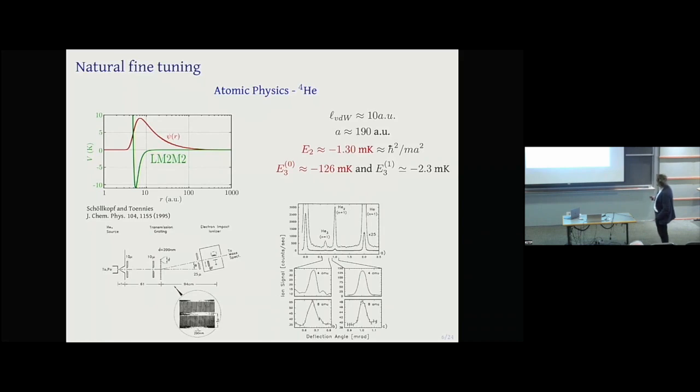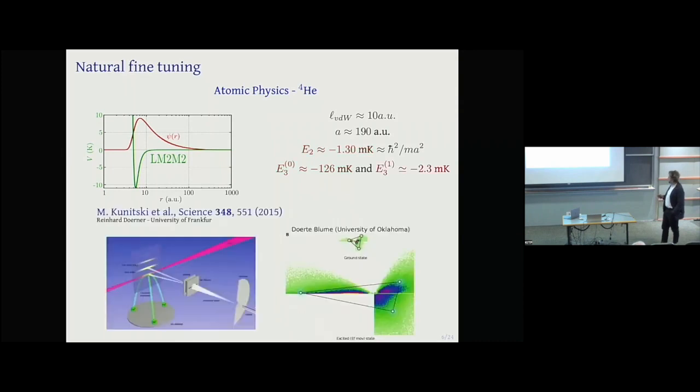The first evidence of these shallow states was in the 90s in the group of Tönnies. And as we just heard, the group of Dörner, with Dörte, also measured the first excited state of helium-4.